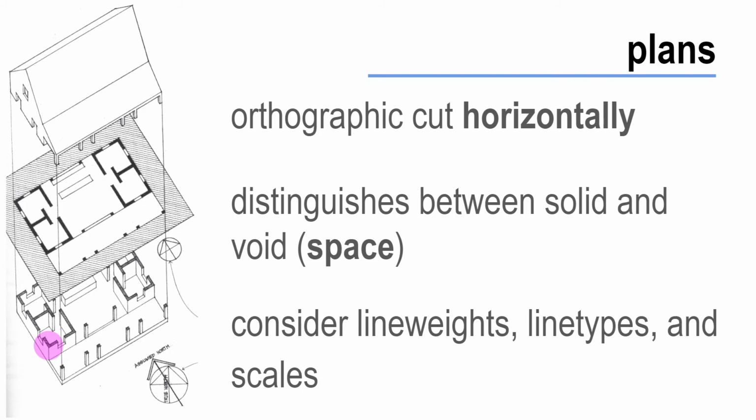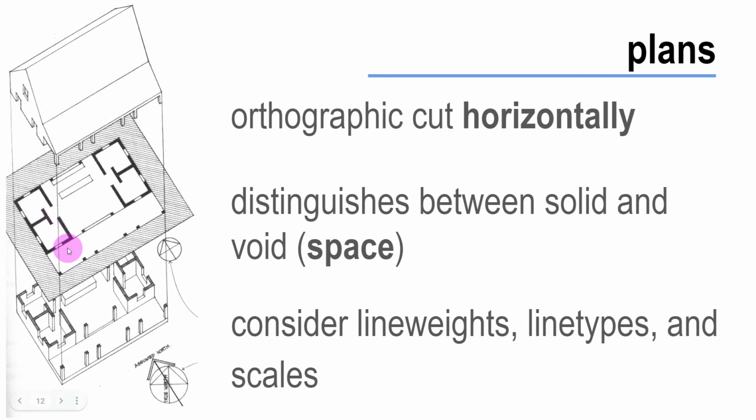Because at 4 feet, you're able to cut through windows and openings for doors and get those details in the floor plan view. If you make that cut too high, you're going to lose some of the windows, and we just don't want that. So we're able to see the solids, which would be the walls, and then the voids, which is just the open space of the room.